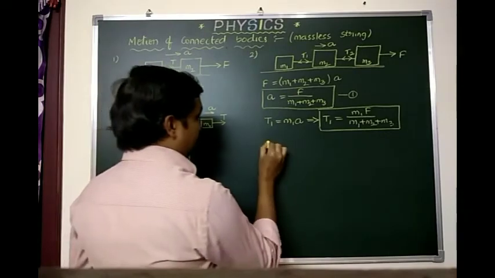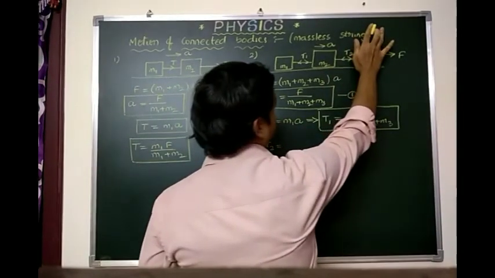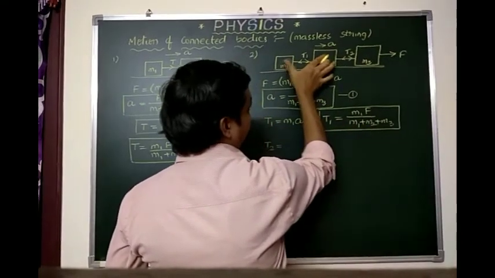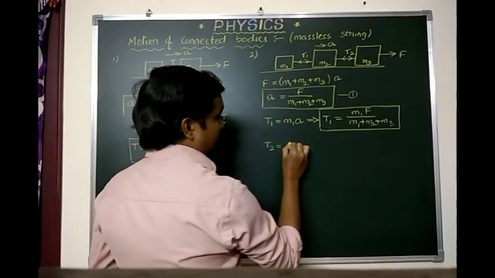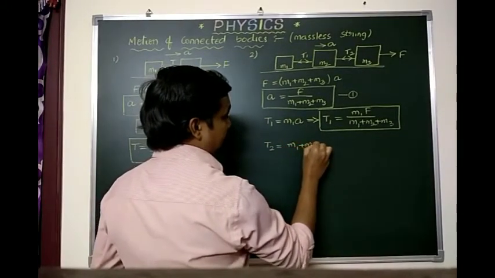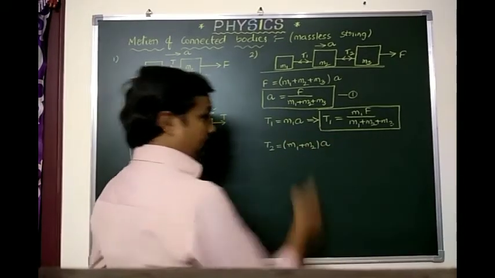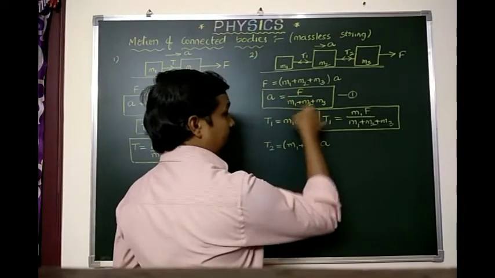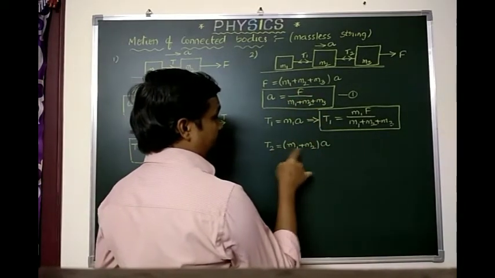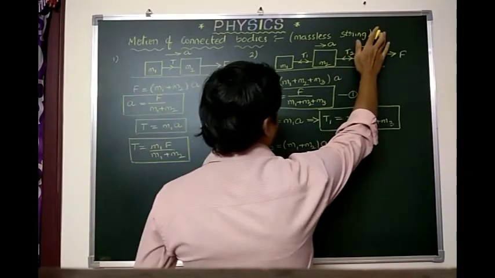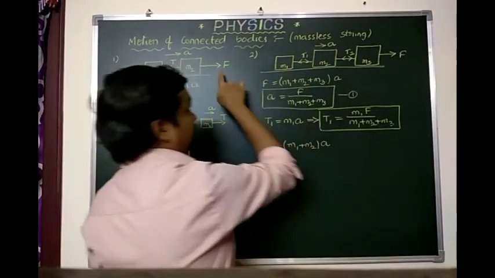Similarly, I am writing tension T2. Suppose you omit the third block, what is the force exerting on these two bodies? It is T2. So (M1 plus M2) into acceleration A. If you omit it, instead of the tension there is a force.